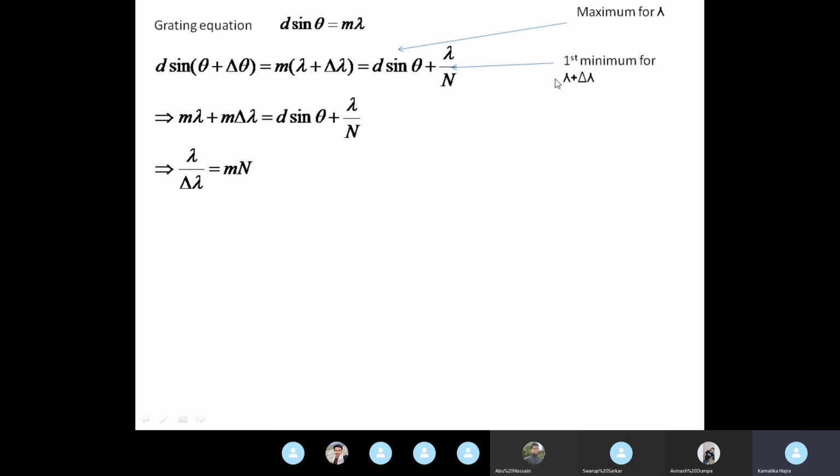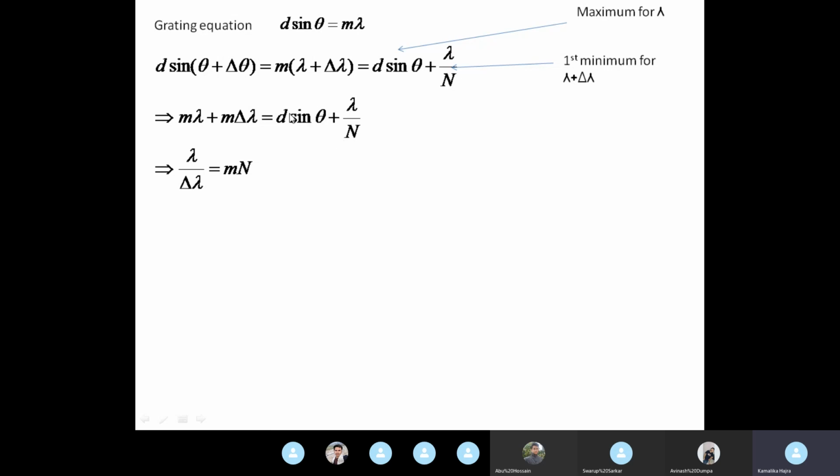This is the first minimum for λ + δλ. Remember the position of secondary minima, p/N λ. So for p equal to 1, the position is obtained at λ/N. So if you expand this, you get mλ + mδλ = d sin θ + λ/N.